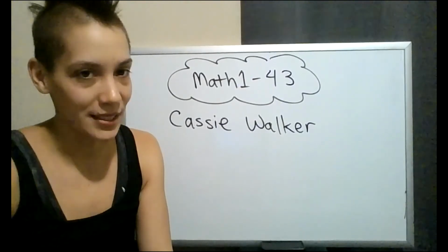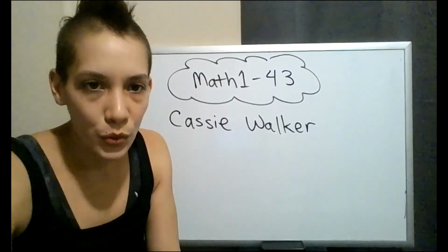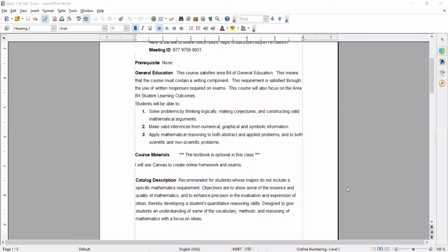Back to the syllabus. So we talked about the book being optional. I really don't think you need to buy any materials for our course. If anything, use Google or YouTube to understand, or see me in office hour and we can practice.